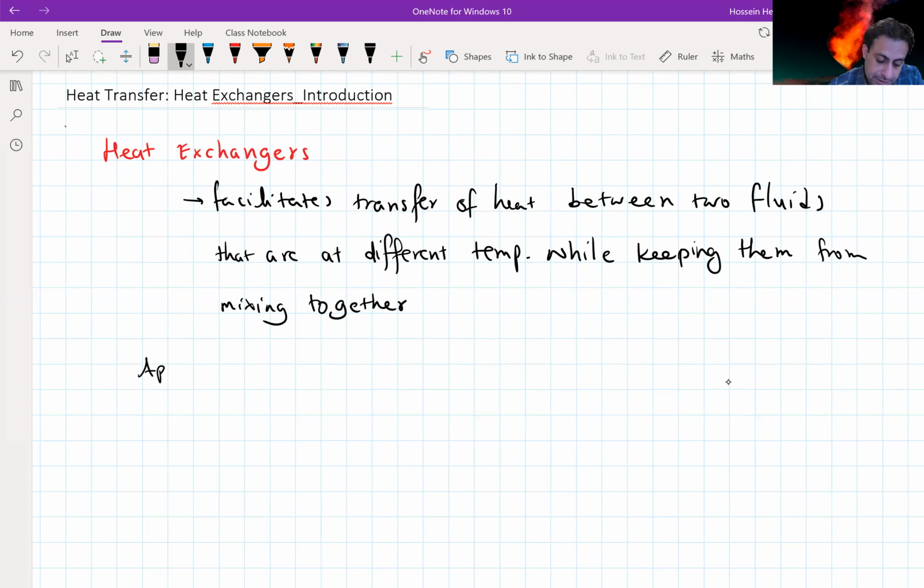Examples of applications are in heating and air conditioning of households.